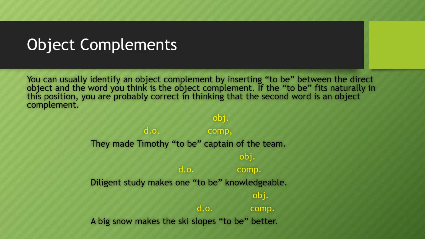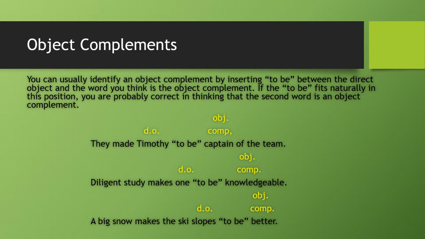You can usually identify an object complement by inserting to be between the direct object and the word you think is the object complement. If that phrase to be fits naturally in that position, then you're probably correct in assuming that the second word is an object complement. So again, I've inserted that phrase to be in all three of these sentences.